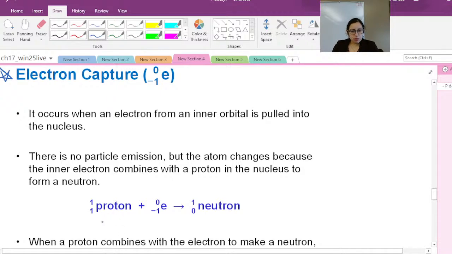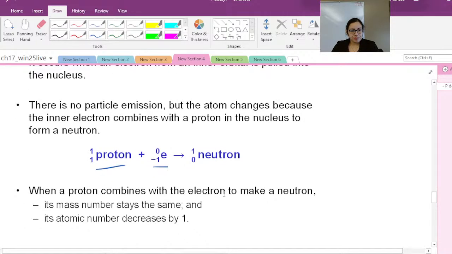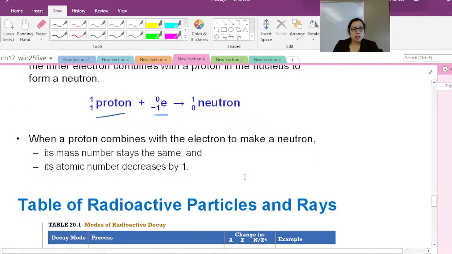It happens when a proton and an electron formally combine, and then they make a neutron. That means our mass number stays the same, but our atomic number decreases since our proton became a neutron.